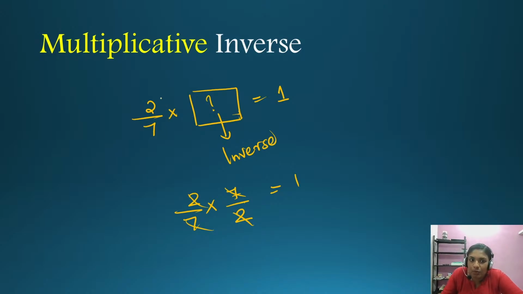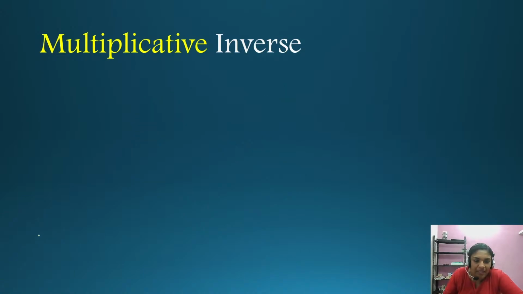So what is the reciprocal of 2 by 7? What is the inverse of 2 by 7? It's the reciprocal, that is 7 by 2, right? So what is multiplicative inverse? If we have a rational number a by b, and you multiply a by b with some number and you get 1, then that number is known as multiplicative inverse.